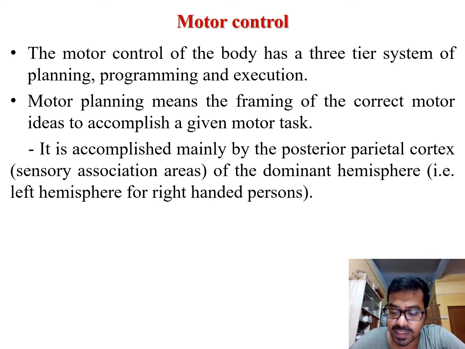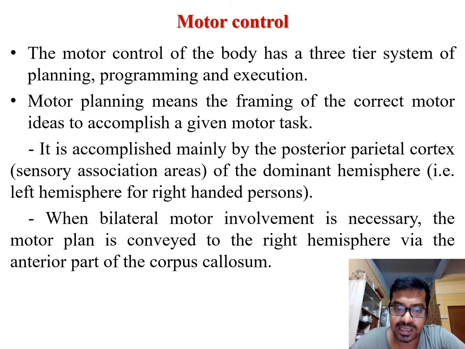Now if the job is a bilateral one, that is, it involves bilateral motor movement, the planning again is done only on the left side for the right-handed person. The right hemisphere gets the idea through the anterior fibers of the corpus callosum. So motor planning is done by the posterior parietal cortex of the dominant hemisphere.